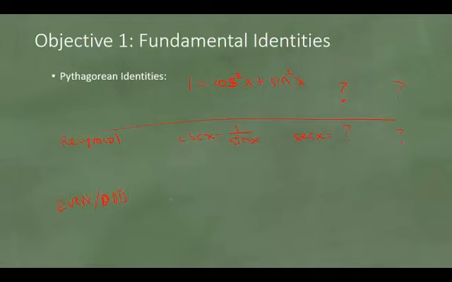Remember that sine of negative x is equal to negative sine of x. There was one for cosine of negative x, and there was one for tangent of negative x also. Can you remember the next two? You should know them. If not, you should absolutely make sure you know them now.